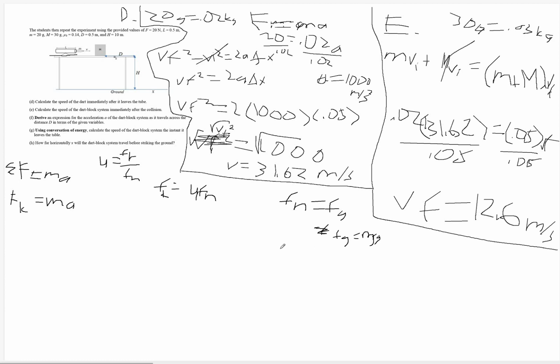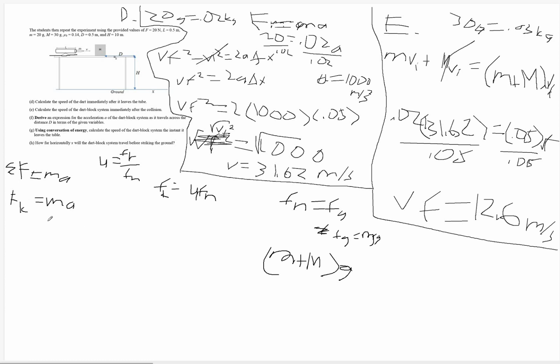So it's just m plus capital M times g. And then we just need to put it all back into each other. So Fg is equal to Fn, and mu times Fn is equal to Fk.